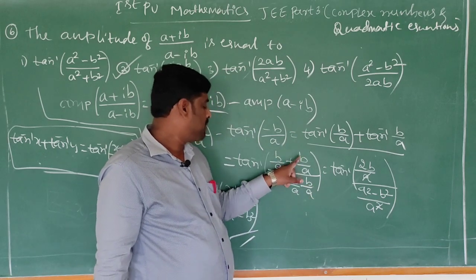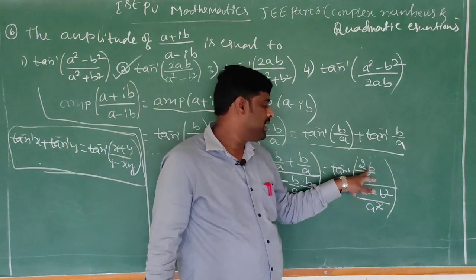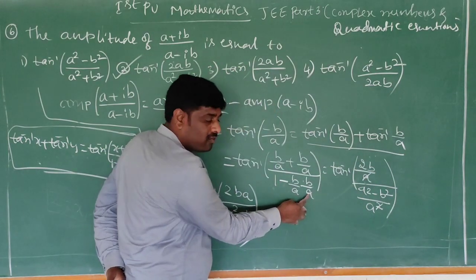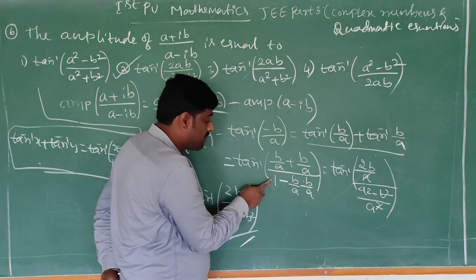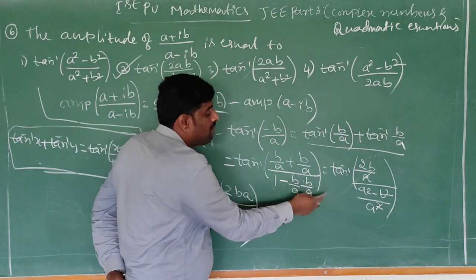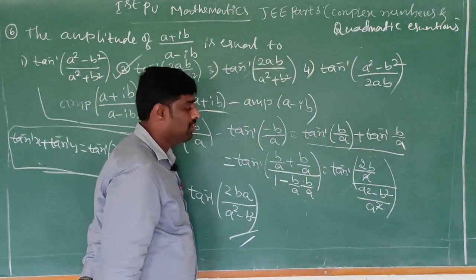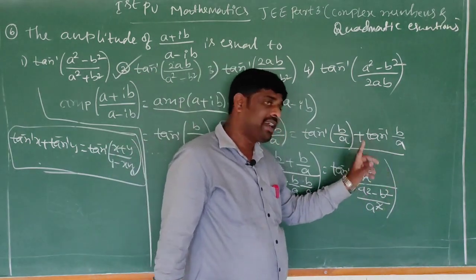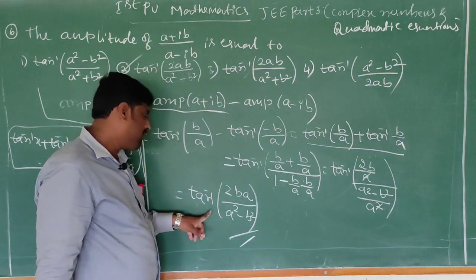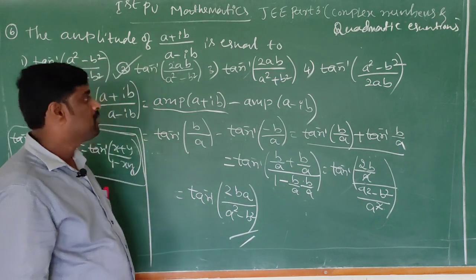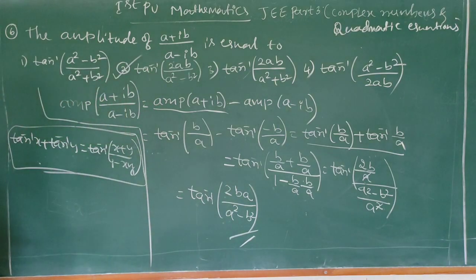So b by a plus b by a is 2b by a. And taking LCM, a into a square into 1, is a square minus b square divided by a square. A cancels, and again this a shifts to the numerator: tan inverse of 2ab divided by a square minus b square, that means second option.